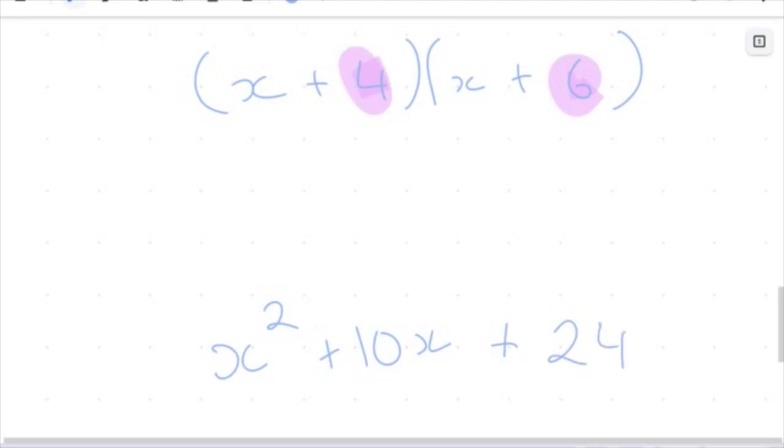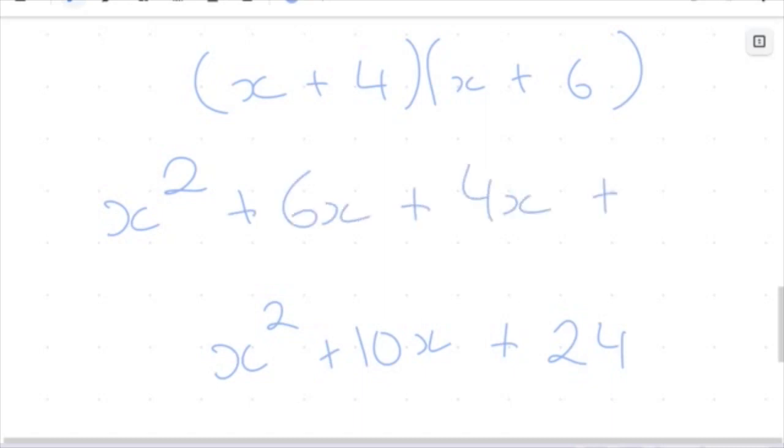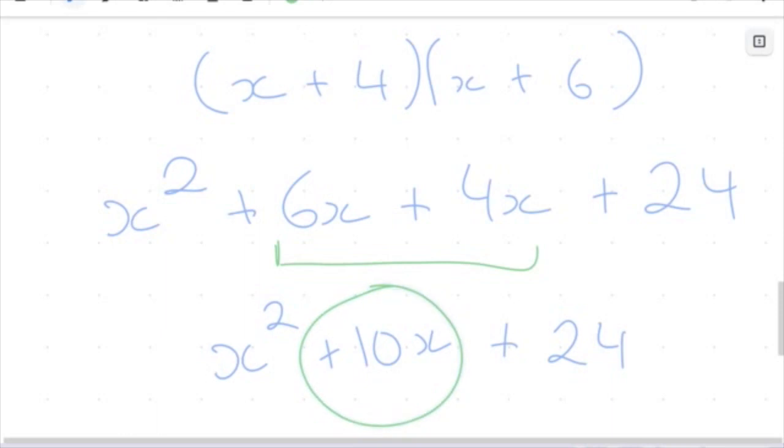Now let's check by using our FOIL method, the same techniques we've been doing up until now. I'm going to multiply the first two, x squared plus 6x plus 4x plus 24. And when I collect my like terms, when I add 6x and 4x, I wind up with 10x. So this is how we can think about the things we've been doing so far, but through the lens of this pattern.